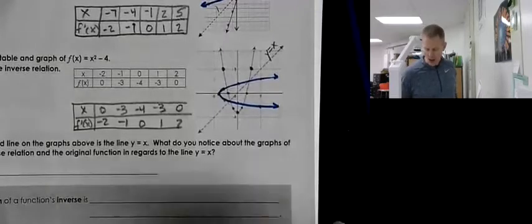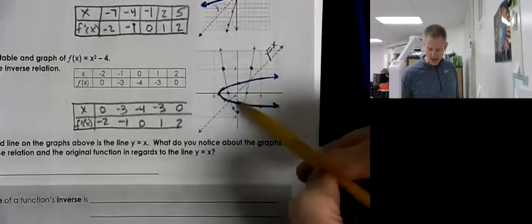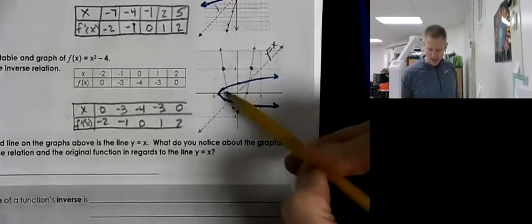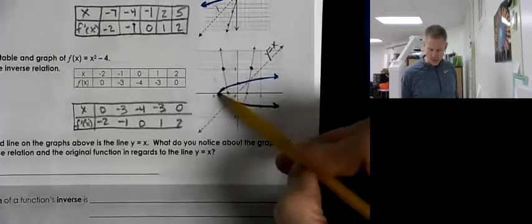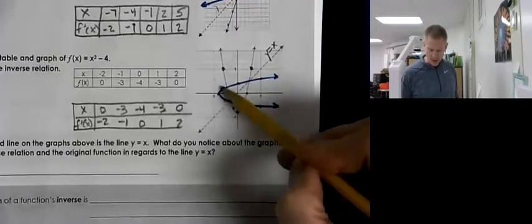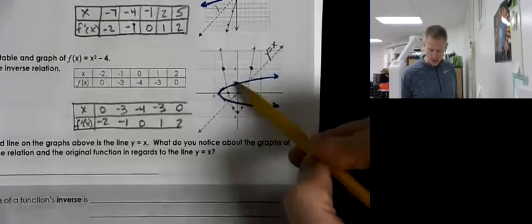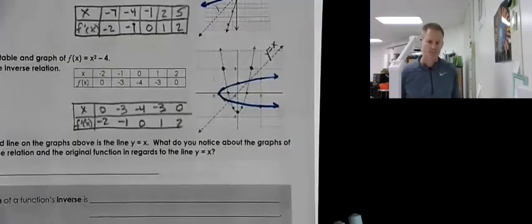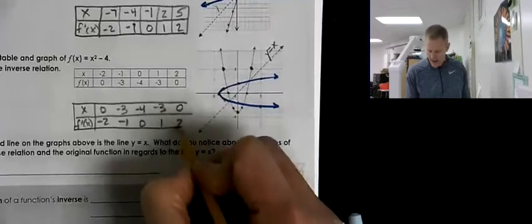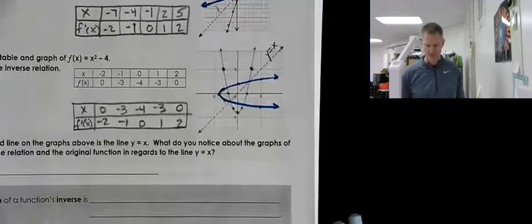They would still be all in the same spot. 0, -2, -3, 1, -4, 0, -3, 1, 0, 2. They would all still be on our inverse.